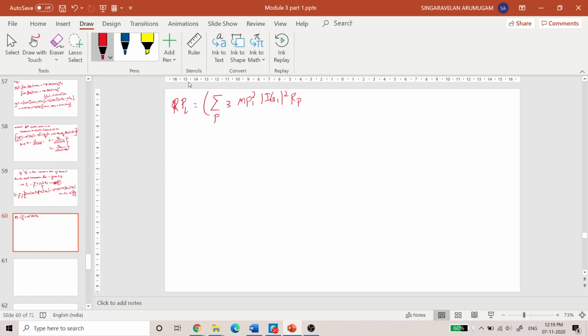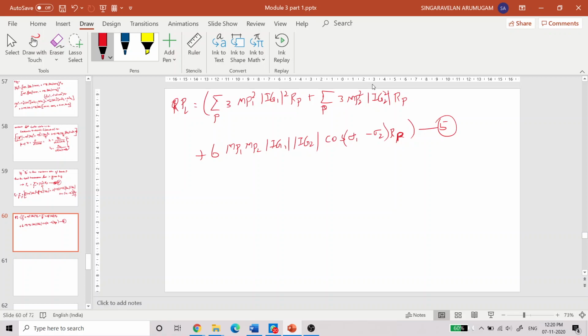I just took this 3 and RP inside, plus summation of 3 MP2 whole square Ig2 whole square, and here also RP will come, plus already 1 2 is there, and outside 3, so 2 3s are 6, plus 6 into MP1 MP2 Ig1 Ig2, and then cos(theta 1 minus theta 2) with multiplication of RP. So this is equation, let it be 5.